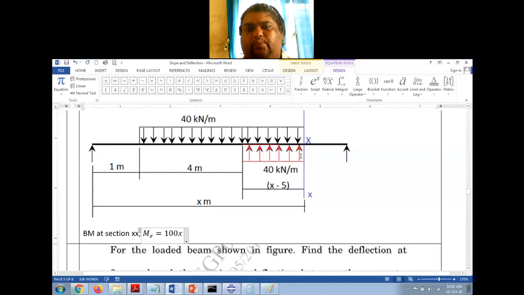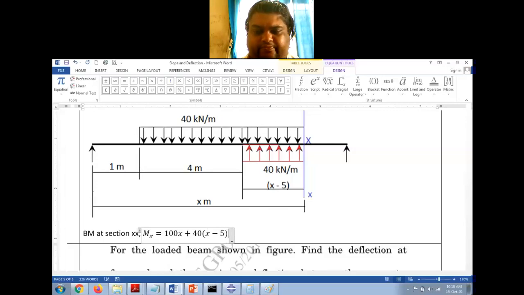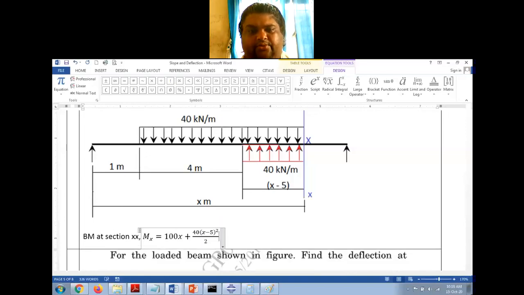There is one more upward UDL, which is 40 kilonewton per meter. So that will also be positive, plus 40 into x minus 5 whole square by 2, right?